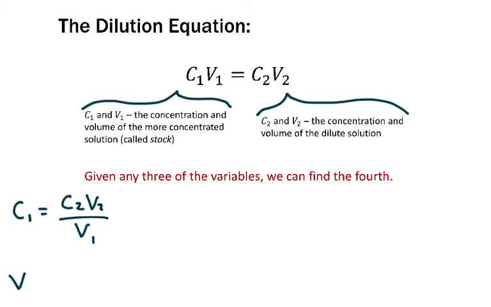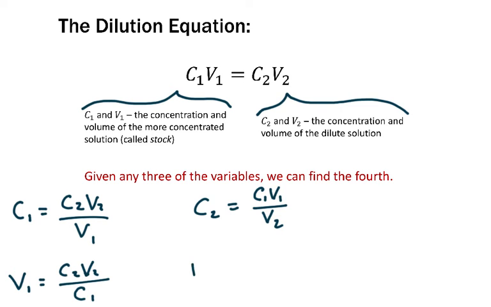If we wanted to solve for how much of the stock solution we need, we have an equation for that. If we want to know the concentration of our diluted solution after we perform some action, that would be equal to C1V1 over V2, right?